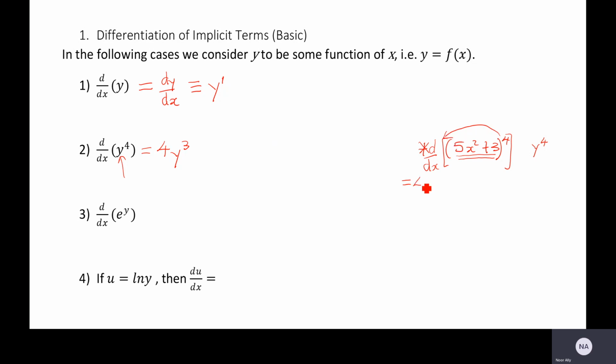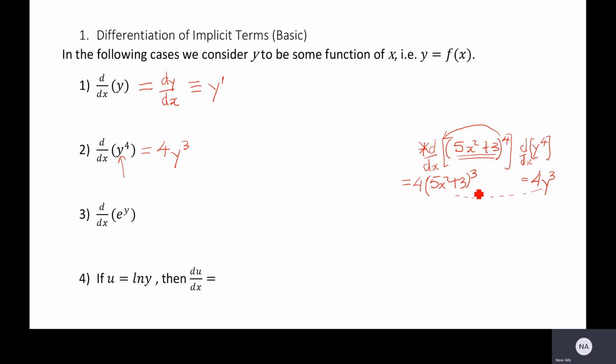First, I multiply by the index, and I am acting on the argument 5x squared plus 3, which does not change. I subtract 1 from the index. So similarly, the derivative with respect to x will be 4y cubed, again if we see 5x squared plus 3 as being the y.